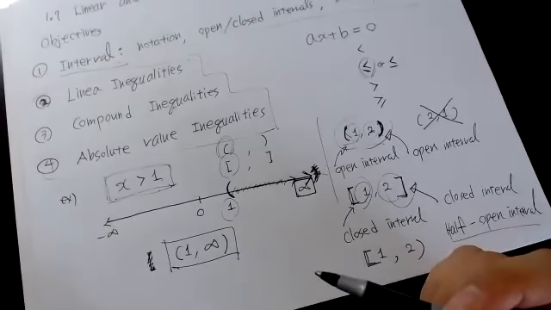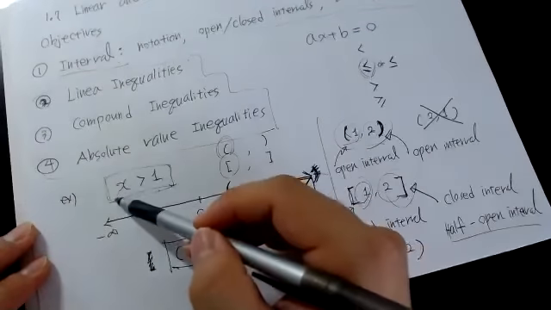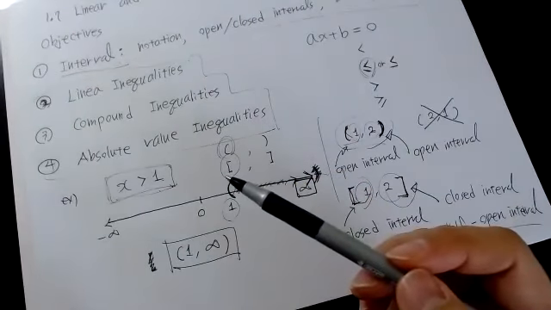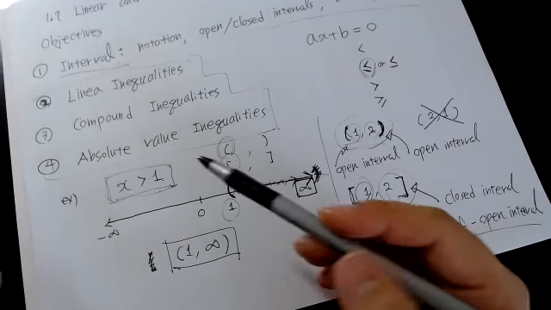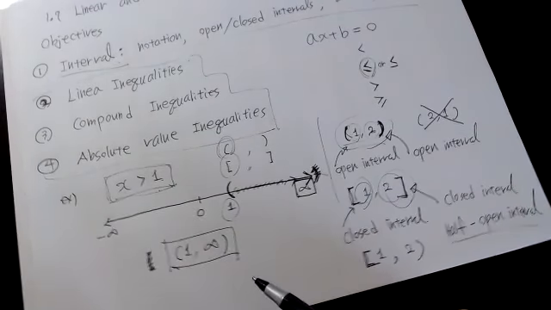So in this section 1.7, definitely you're going to deal with linear inequalities, but problems are going to ask you to write your answer using interval notation. So you have to be familiar with interval notation. Keep in mind this.